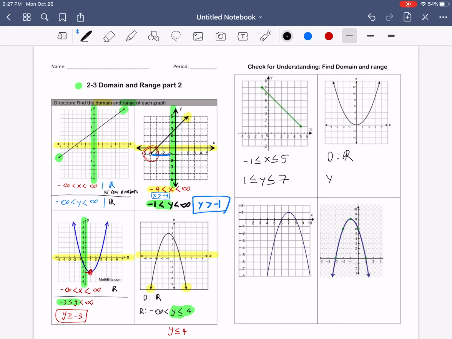Range is y is greater than or equal to 0. Domain is all real numbers. Y is less than or equal to 1. Is less than or equal to 8.